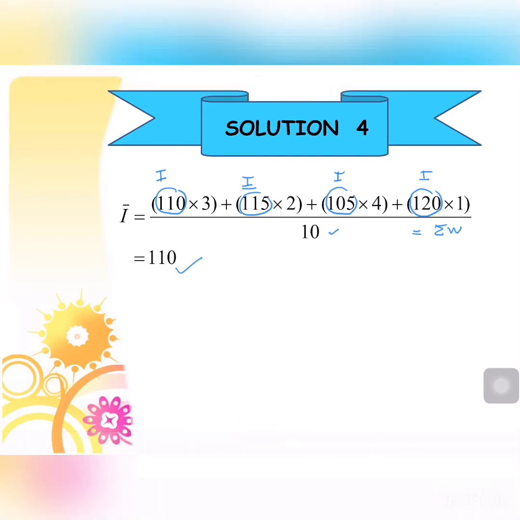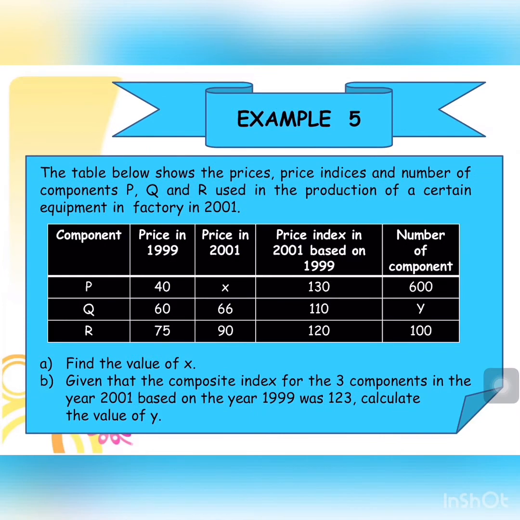Okay? Now, to the combination of index number, price index, and also the composite index. In SPM, you are going to see this kind of question just like this. So let's do this together. The table below shows the prices, price indices, and number of components P, Q, and R used in the production of a certain equipment in a factory in 2001.